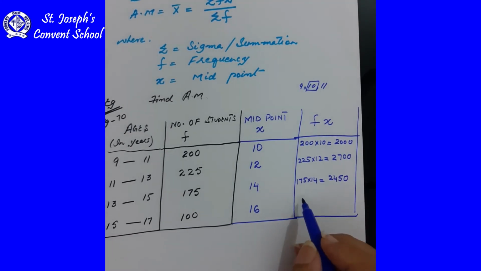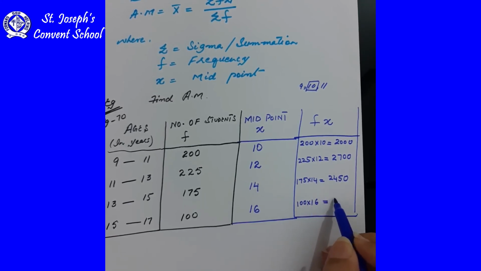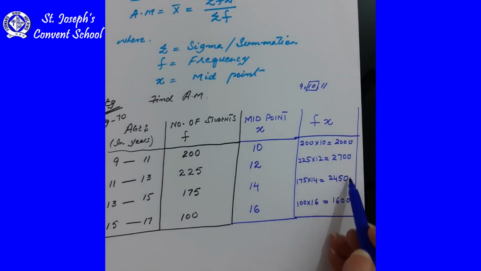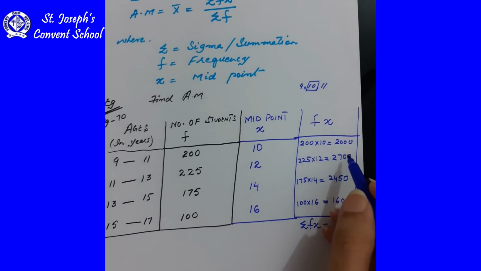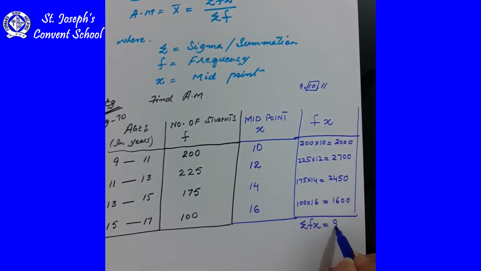The last one, 100 into 16 equals 1600. Use a calculator for multiplication. Now you find the total of this column, the sum of this column. It is known as the sum of column fx. Summation fx, the total of this column, is 8750.